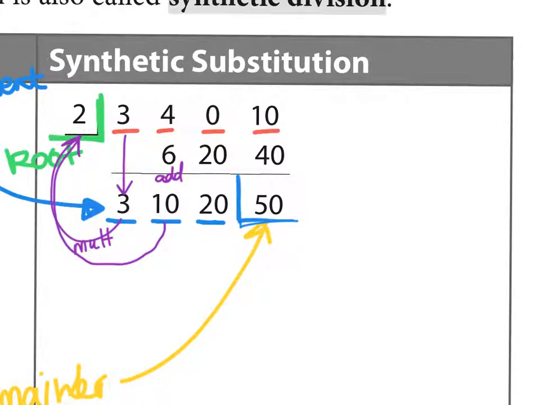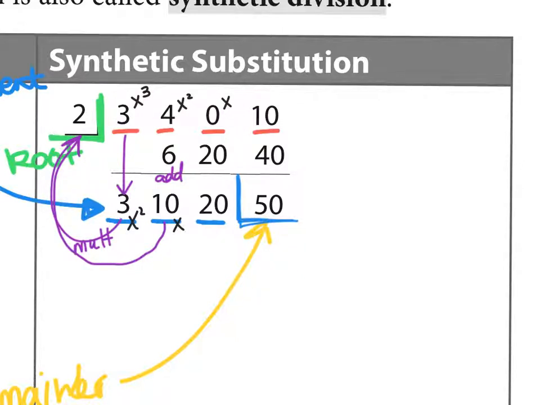Remember in the very beginning, I had 3x to the third, 4x squared, 0x, and then just 10. When we divide, we're going to be cutting down one of those degrees. So now instead of starting with x to the third, I'm starting with x squared, x, then just the 20 and the remainder of 50.